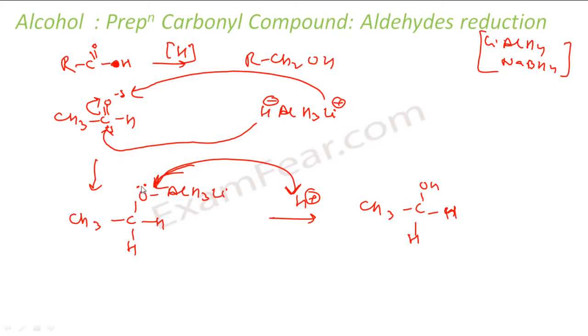So a lone pair of electrons moves from here to H. So negative charge should come on H, but because of the positive charge it already had, it is neutralized, and this is there. And this goes out with a positive charge, plus AlH3Li. Actually, this also breaks.